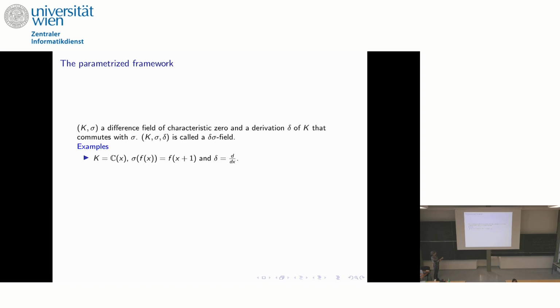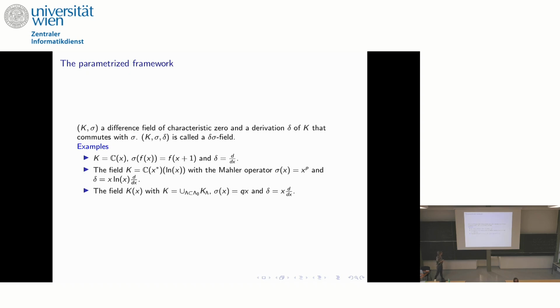So first example, the one for gamma, the shift, and the usual derivation. For the Mahler operator, it's a little bit more tricky. You need to add the logarithm to find that this derivation commutes with the Mahler operator. And finally, in the elliptic setting, where you multiply x by an integer q, then you have this derivation.